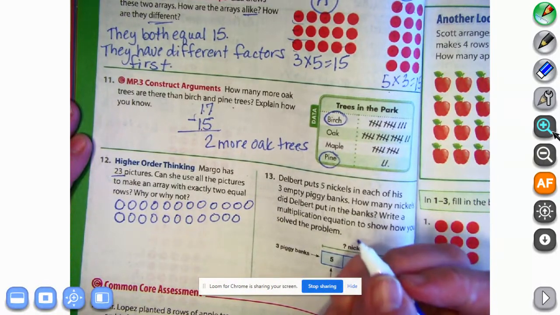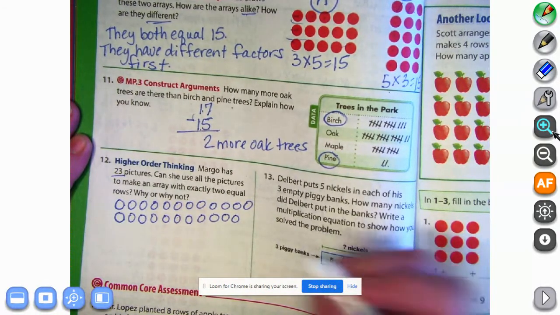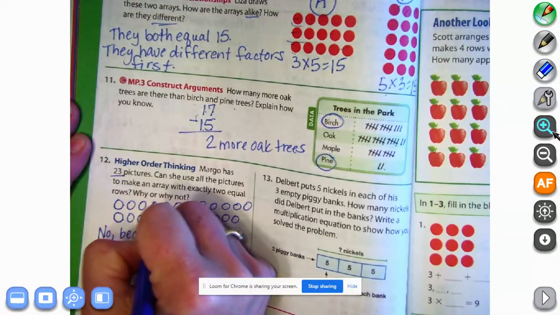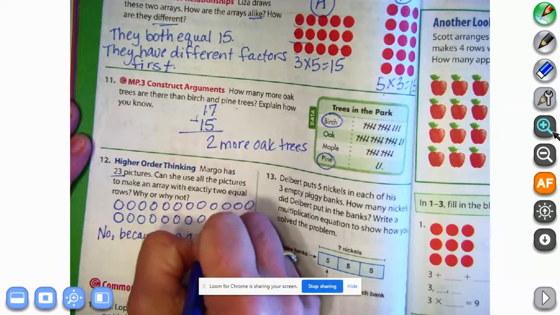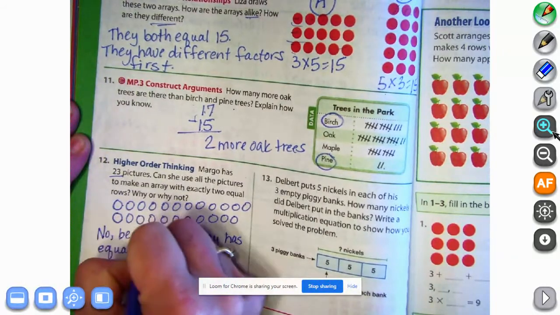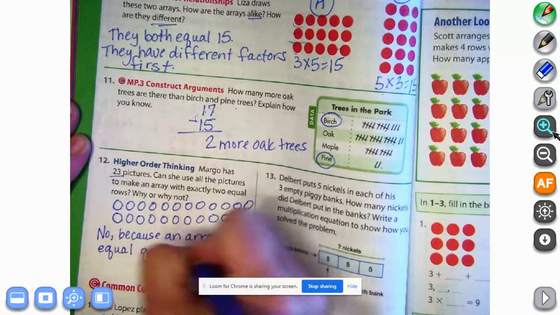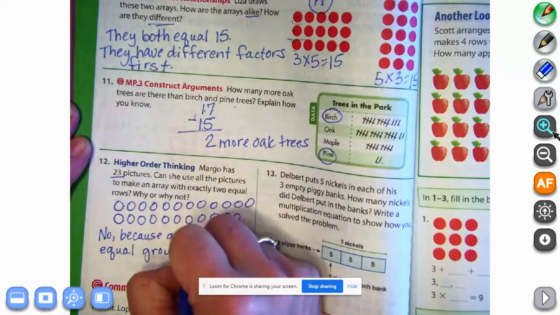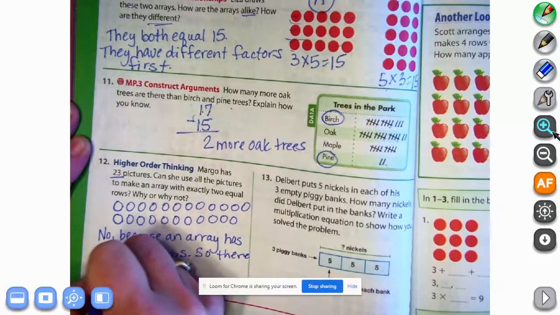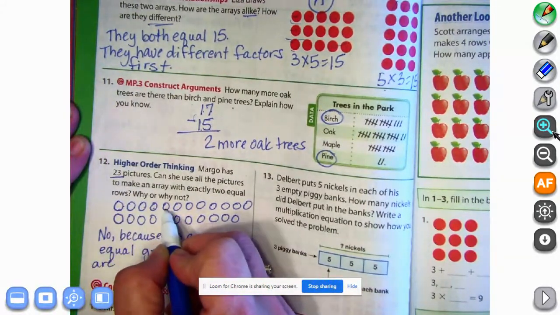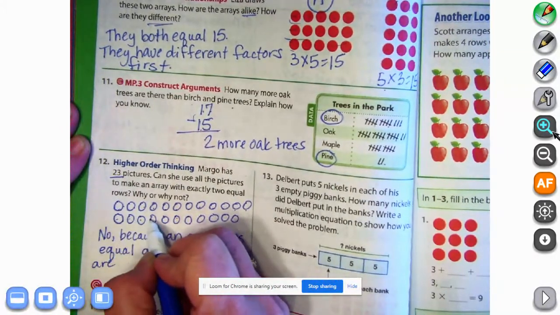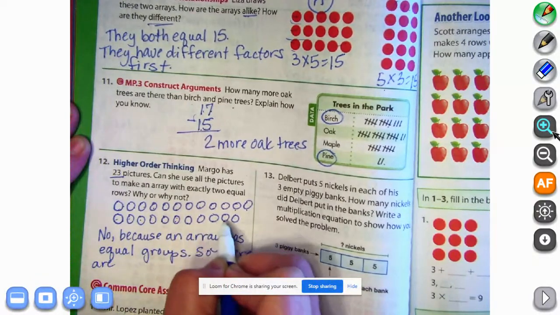Can she use an array to show exactly how many? No, she cannot. Because an array has equal groups. So there are, she's got 1, 2, 3, 4, 5, 6, 7, 8, 9, 10, 11, 12. 1, 2, 3, 4, 5, 6, 7, 8, 9, 10, 11.